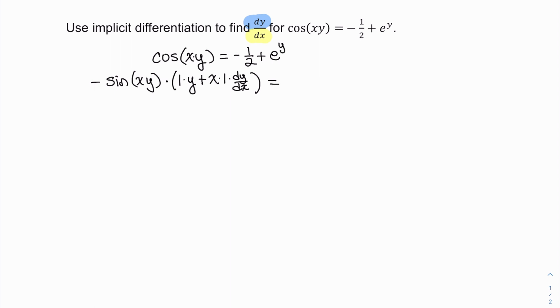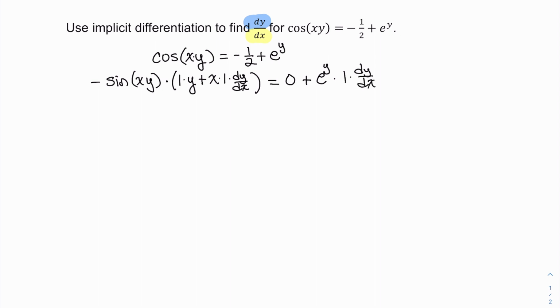And this is equal to, on the right-hand side, the first term is just a constant, just a number. The derivative of a number is 0, and then plus the derivative of e to the y. The derivative of e to the power is e to the power times the derivative of the power, and the derivative of y is 1, but it's the dependent variable, so I have to multiply by dy/dx.